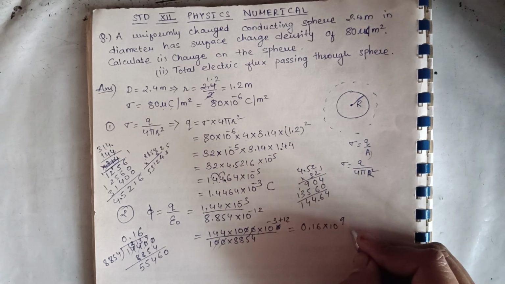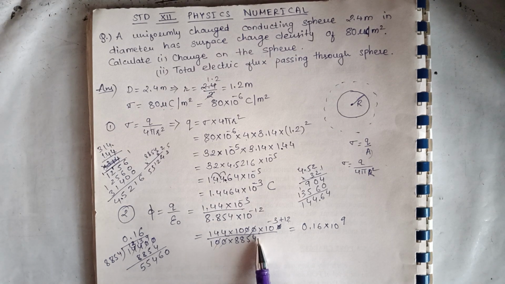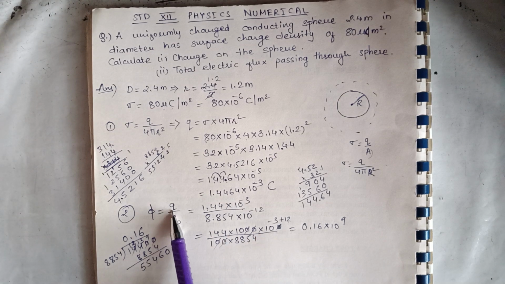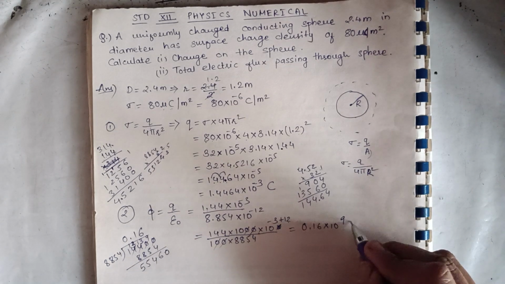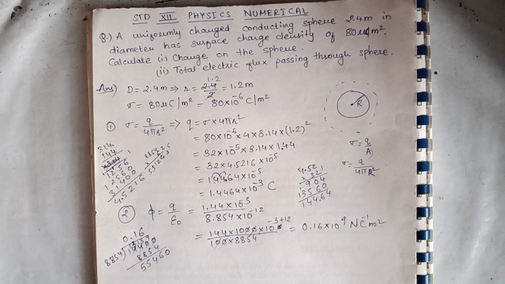Okay, and this is the value; now the unit you can write by using the units of this and the coulomb, that is of charge. So it comes to Newton meter square per coulomb.